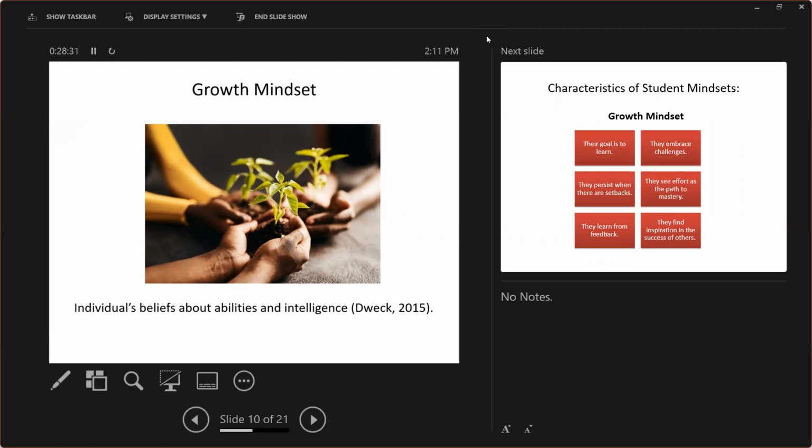And we'll talk about some characteristics of a growth mindset compared to a fixed mindset. The growth mindset is very important in terms of students believing that they can be successful in learning new content and information.